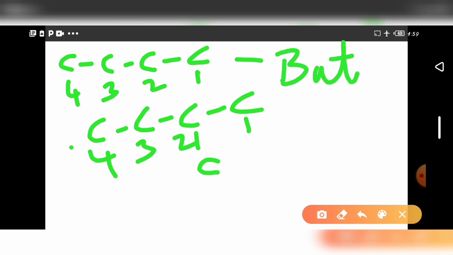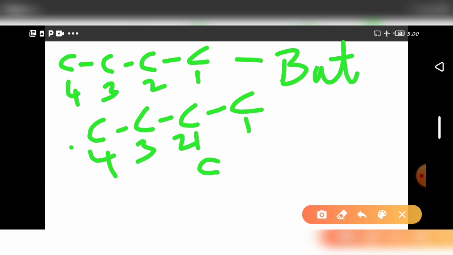You have to identify the longest chain of carbon atoms to get the parent name. Do all of you understand? For whatever compound it may be, first identify the long chain, count the carbon numbers and identify the root word.